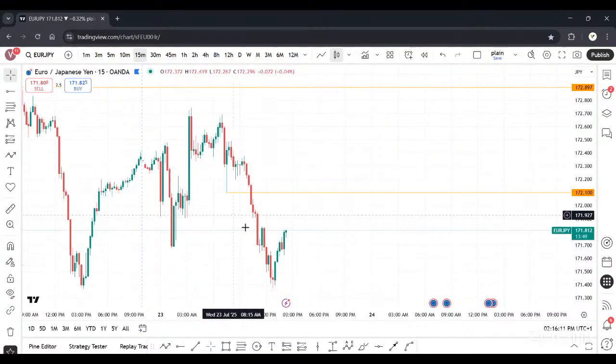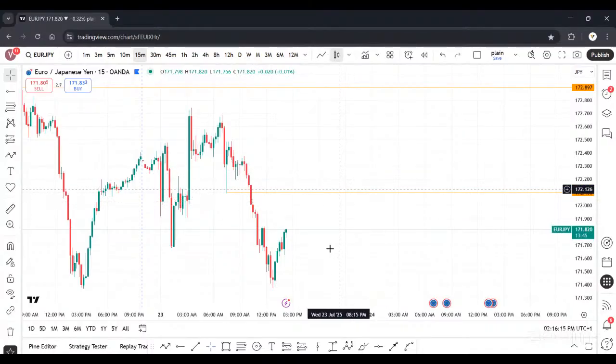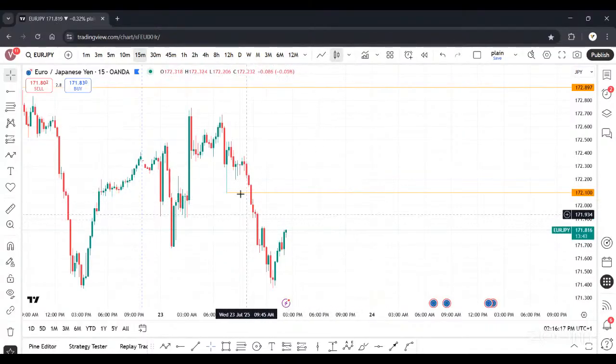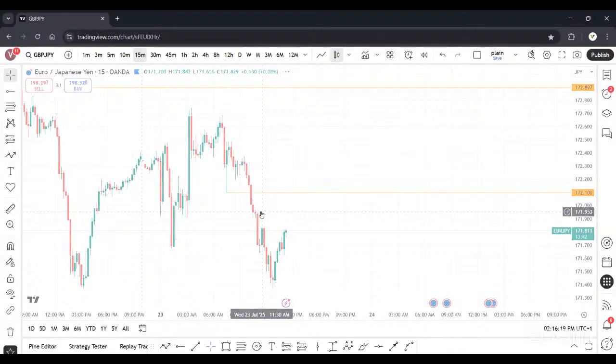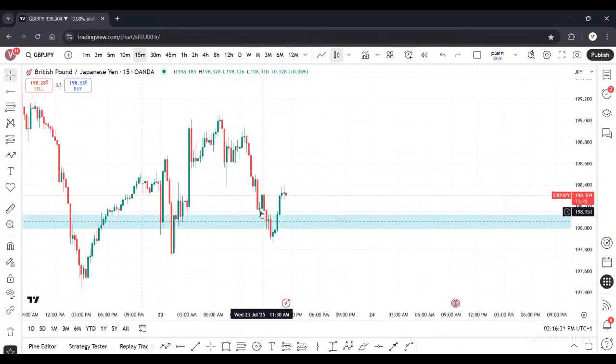These are the two places I'm expecting. Well, I'm big on seeing price buy to this level here before selling. So this is where I want to sell Euro JPY from, and this is where I want to sell GBP JPY from. I hope this analysis is very clear, because I strongly believe that price would follow through with what we've anticipated and what we've analyzed so far on the chart.